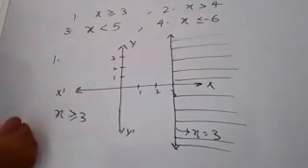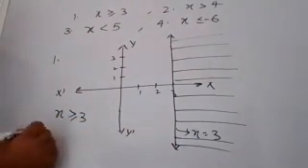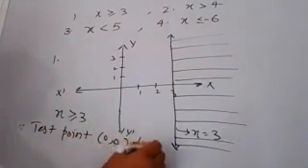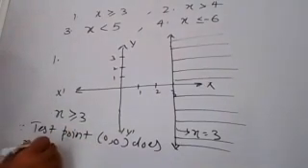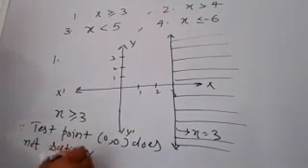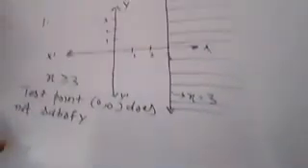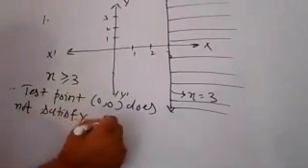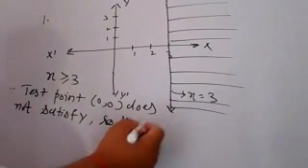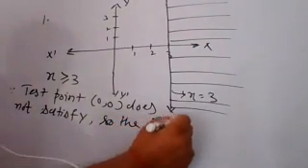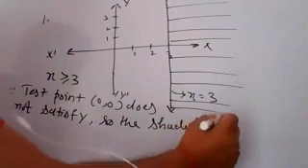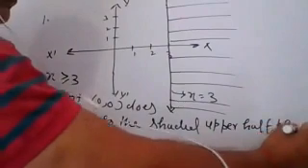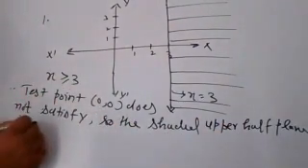Yes, write. Since test point 0 0 does not satisfy, means test point 0 0 is not satisfying this inequality, so the shaded upper part, or upper half plane, is the solution.